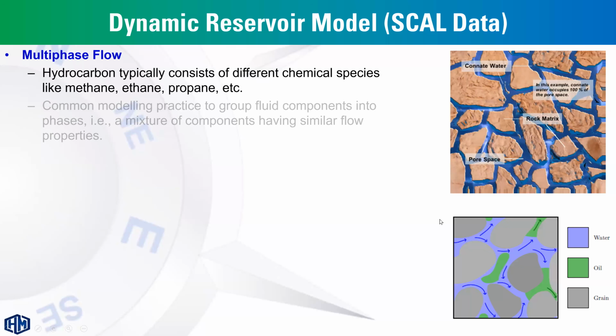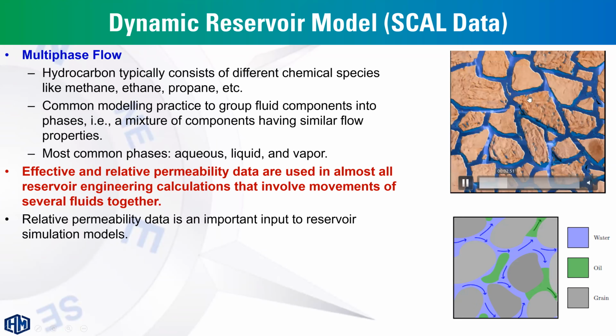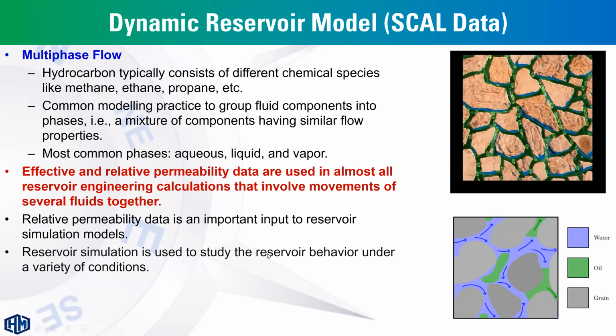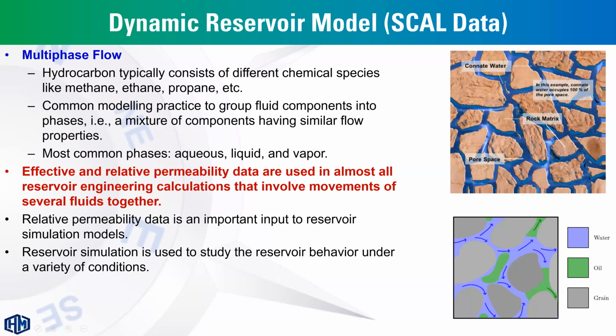So for multi-phase flow, as you can see across both media, this is the importance of the rock physics functions like relative permeability, to define the relative movement for each phase at every saturation, and to define the minimum and maximum saturation for each phase at the initialization process.